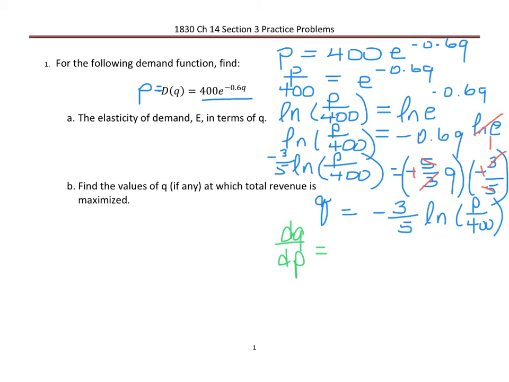And the thing to remember here that's going to be a little troublesome is that I'm going to need to take the derivative of the natural log of a function of p. So I'm going to be needing to use chain rule. So the coefficient, negative 3/5, is just going to ride right along.